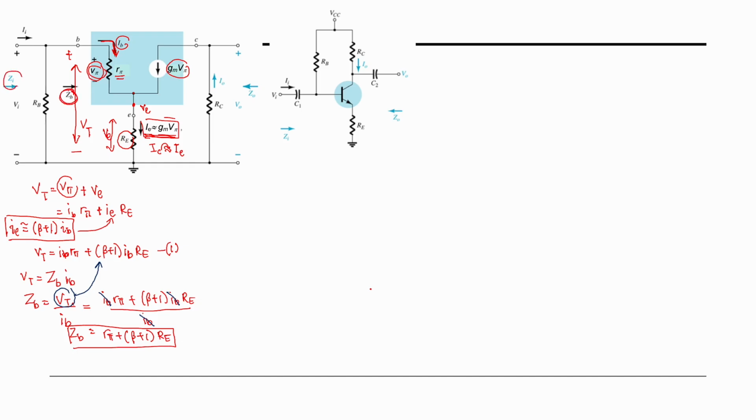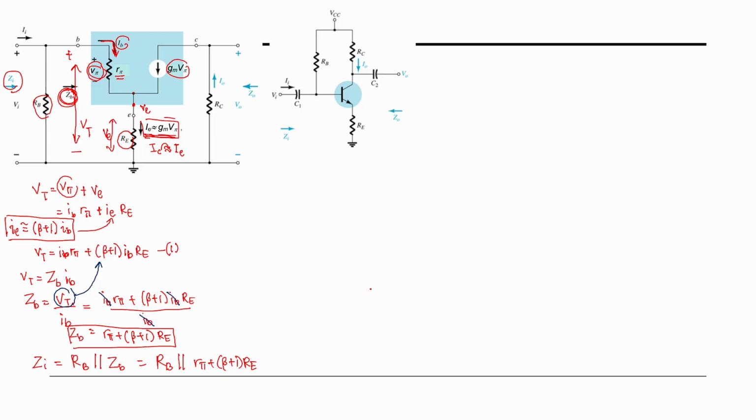How about the input impedance? Your input impedance will be RB parallel with what? ZB, right? Our input impedance will be RB parallel with ZB, and ZB is this value, so RB parallel with R pi plus beta plus 1 RE.